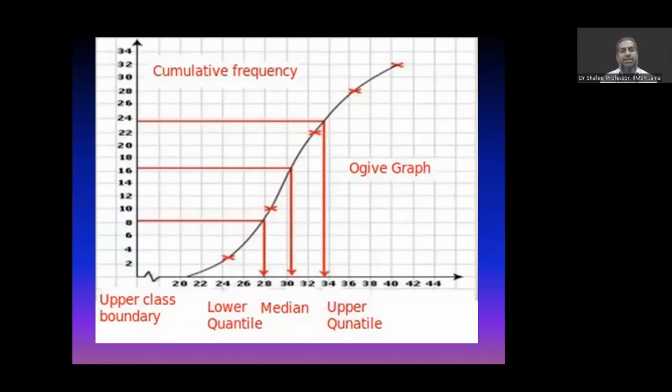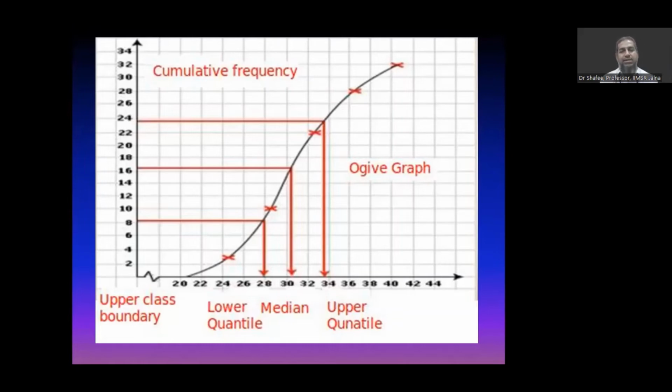On the x-axis there is one frequency, and on the y-axis there is one frequency. For the first red line, you see that it corresponds to the 28 number. In this case, the frequency is 8, whereas for 30, the frequency is 16.